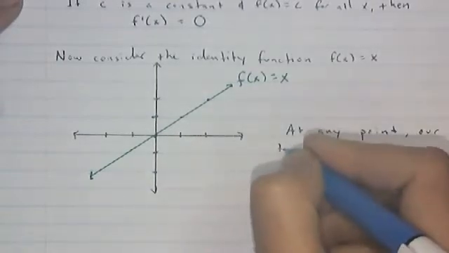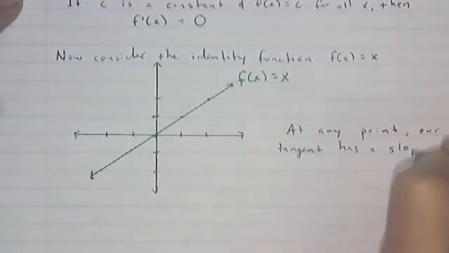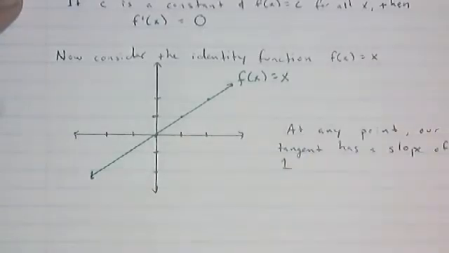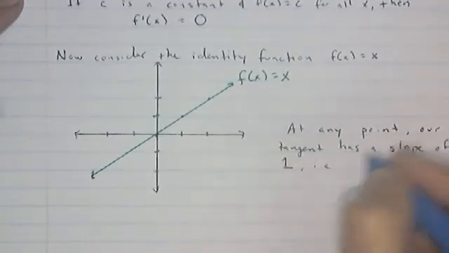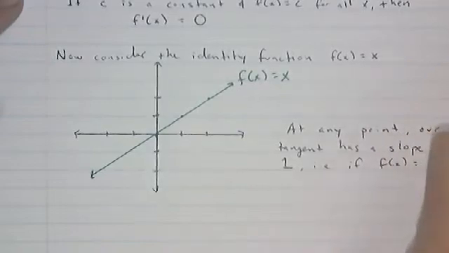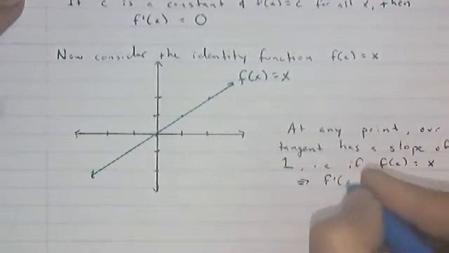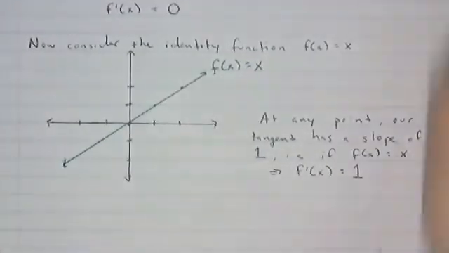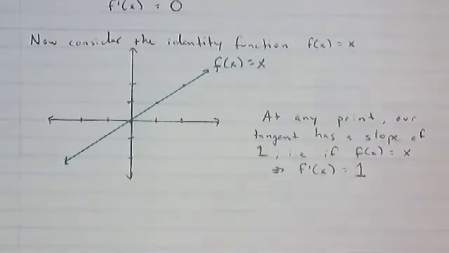At any point, our tangent has a slope of 1, i.e., if f of x is equal to x, then f prime of x is equal to 1. I don't think your book actually does this as a formal definition, but it's kind of important.